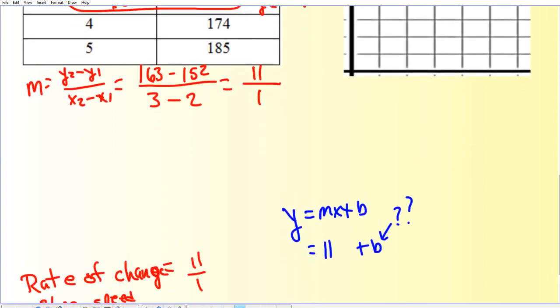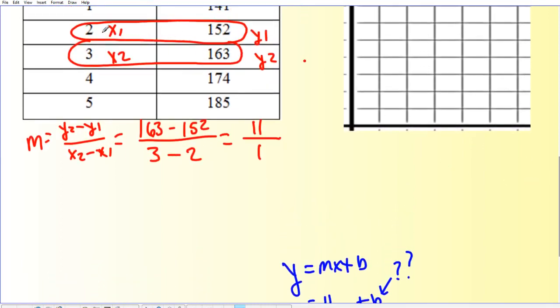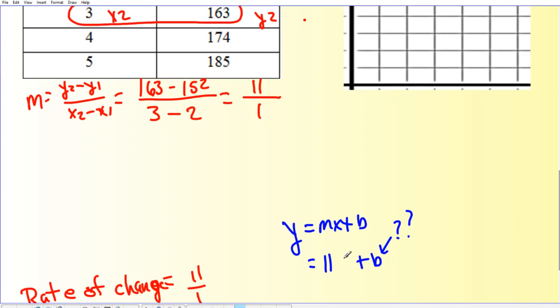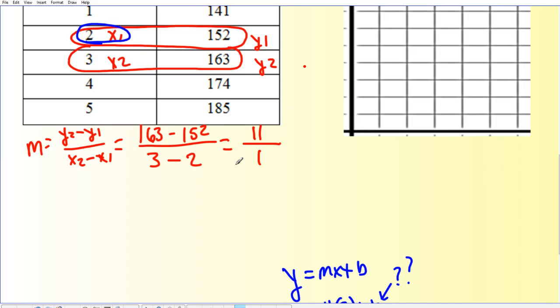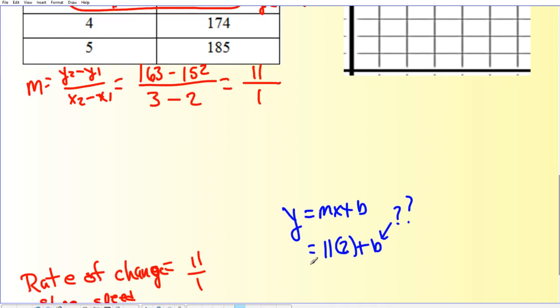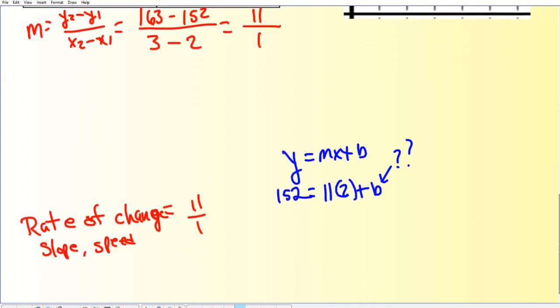So I'm going to take my first point that I used here, this 2, 152. So I'm going to plug in 2 for my x variable, and I'm going to plug in 152 for my y. See? X variable in for x, y value in for y. And if I solve this little dinky equation, it will give me my y-intercept.